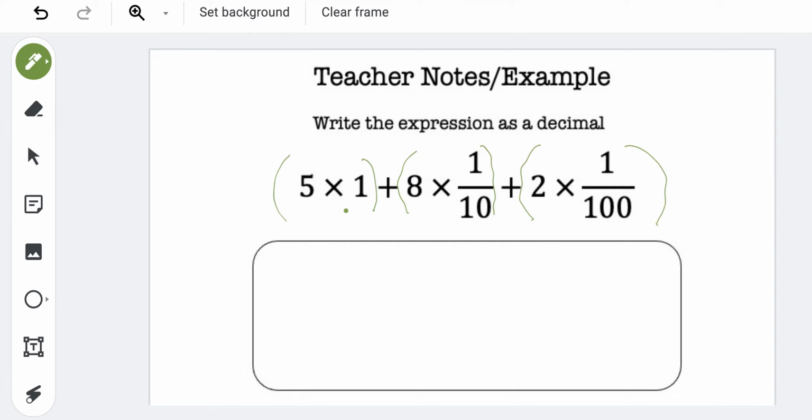Again, 5 times 1 is 5. 8 times a tenth is 8 tenths. And then 2 times a hundredth is 2 hundredths. And again, if I were going to add these together, it'd be 5 and 82 hundredths. All right, let's go on to the next slide.